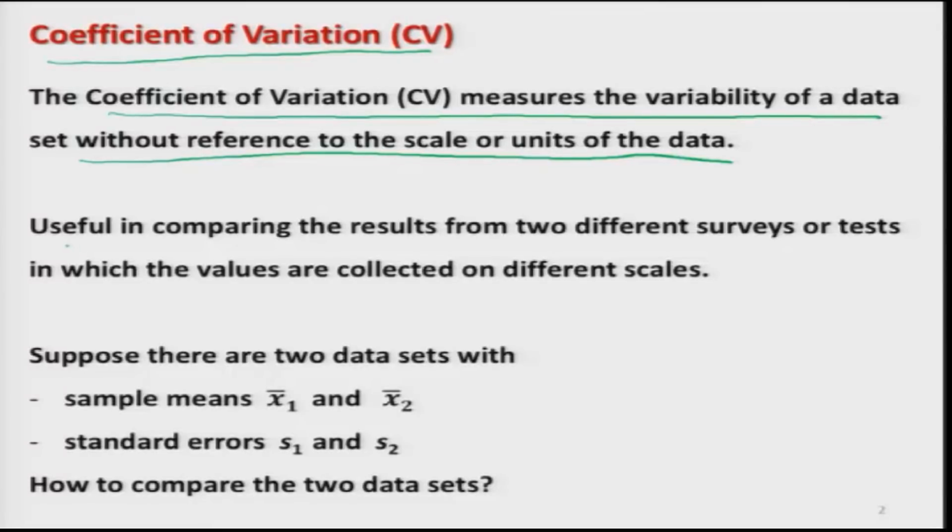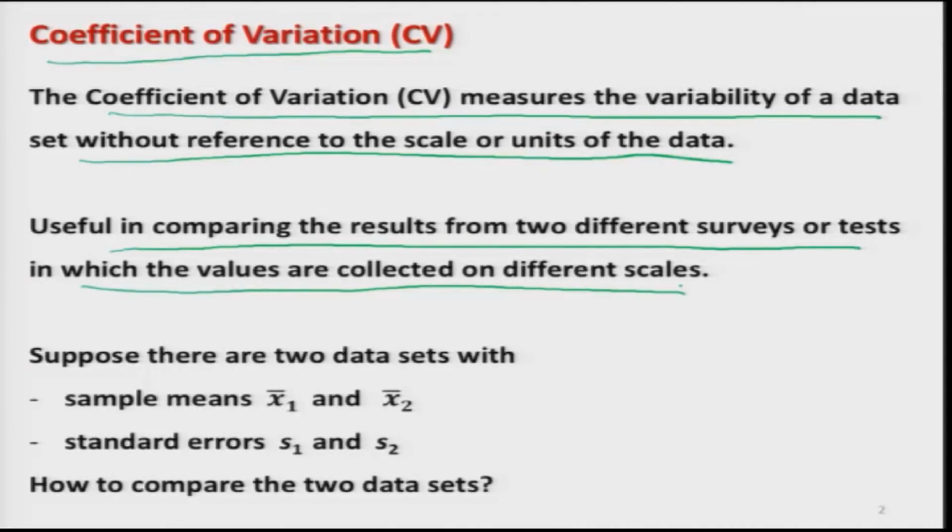So this coefficient of variation will be useful to us when we try to compare the results from two different surveys or they are obtained from two different tests and they are obtained on different scales. For example, suppose I have two data sets and we try to find out the arithmetic mean and standard errors of the two data sets.